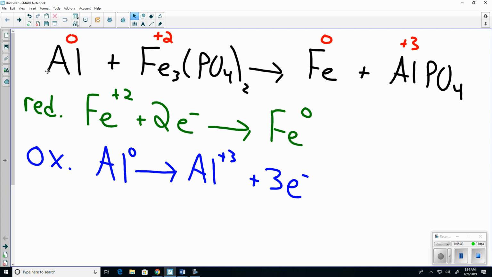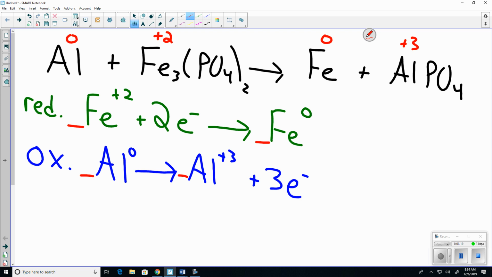What I mean by that is we might have to put coefficients in front of things in order to show that it's more than one of them reacting at a time. Just like a balanced equation has coefficients to show more than one's reacting at a time in order to get the right ratio. The way to figure out the ratio here is to multiply either or both the oxidation and the reduction half reaction by numbers that will allow the electrons gained and the electrons lost to balance out.